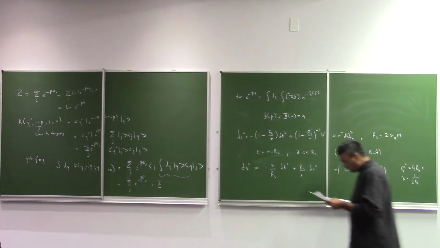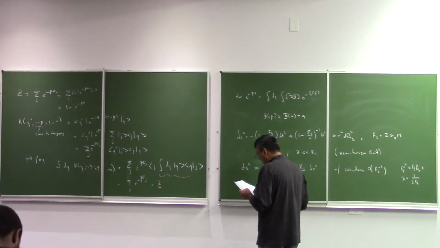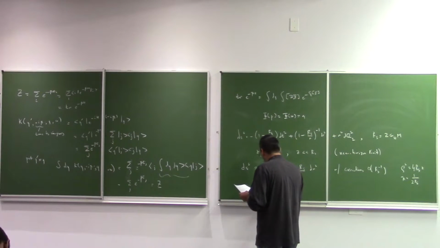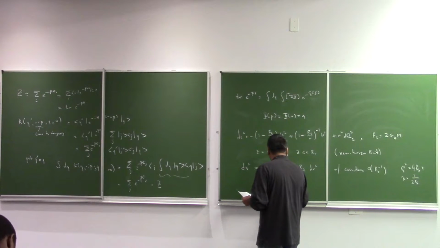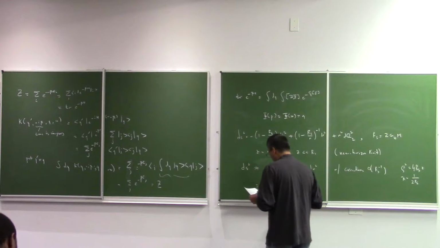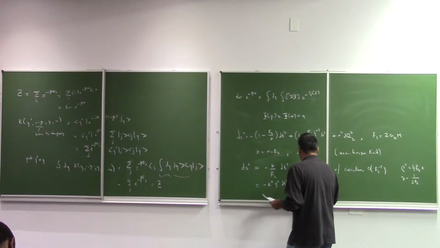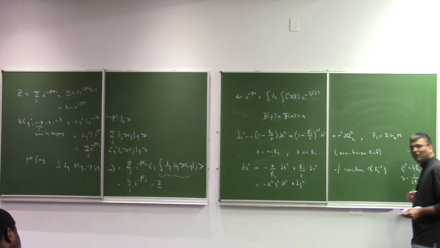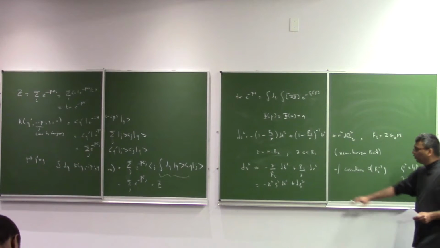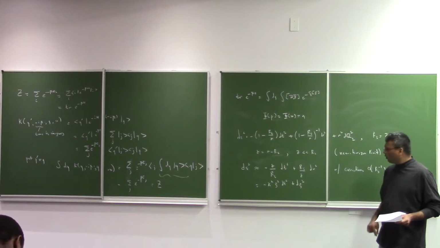When I make this change of variables, ds squared is then minus kappa squared rho squared dt squared plus d rho squared. So this looks very much like a metric in polar coordinates.